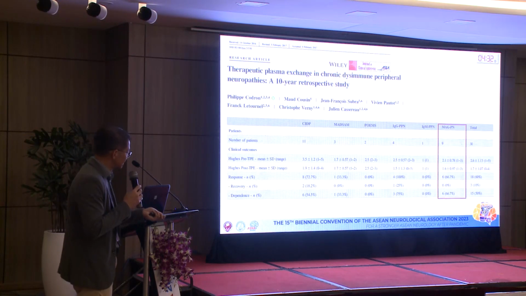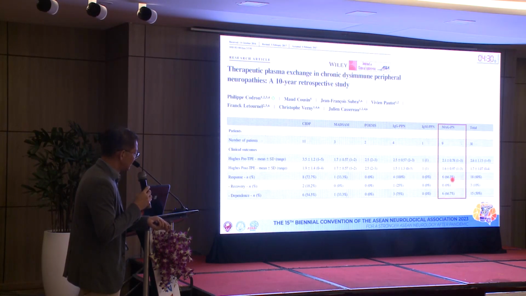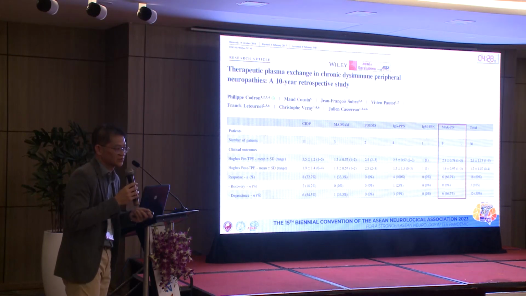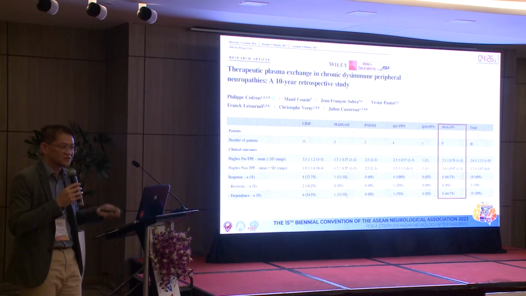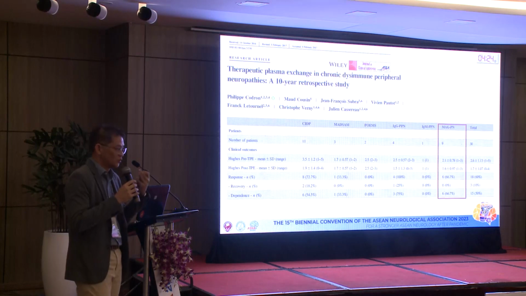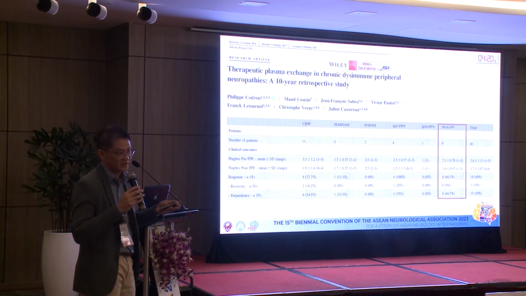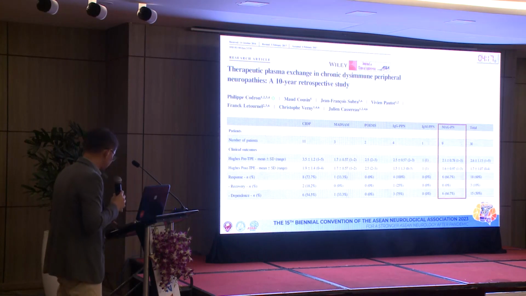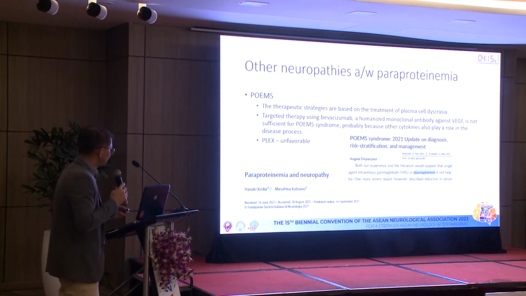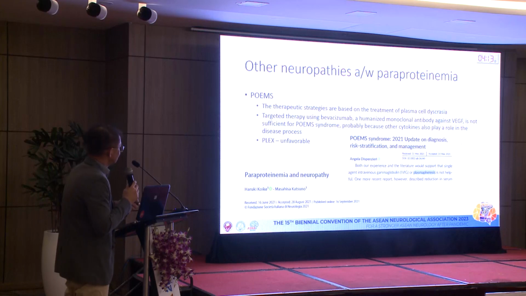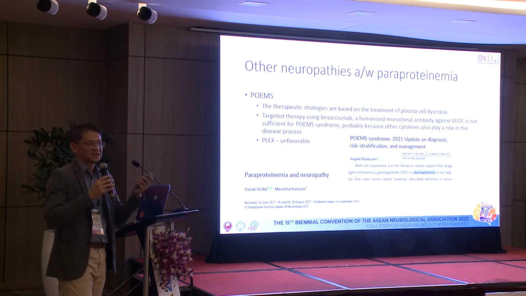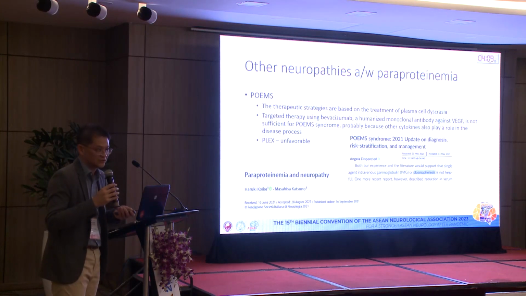However, all of them remain dependent on the plasma exchange, meaning that it's non-sustained, just like CIDP. When you wash them, they'll come back and you need a further long-term treatment plan following the plasma exchange. Right, POEMS: the therapeutic strategy for POEMS is to treat the underlying POEMS condition.